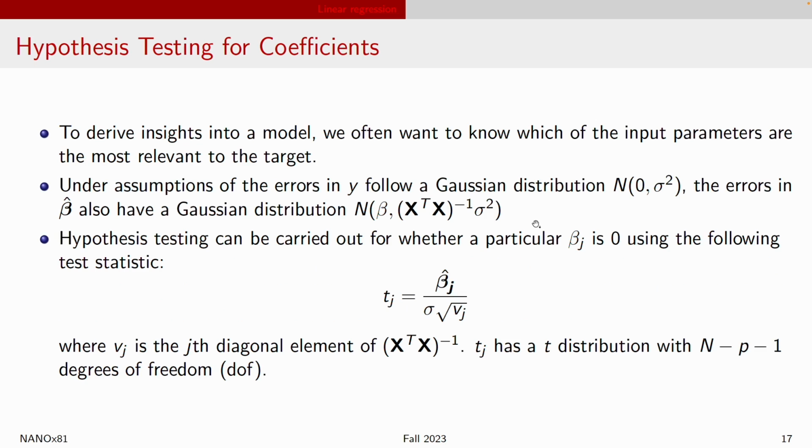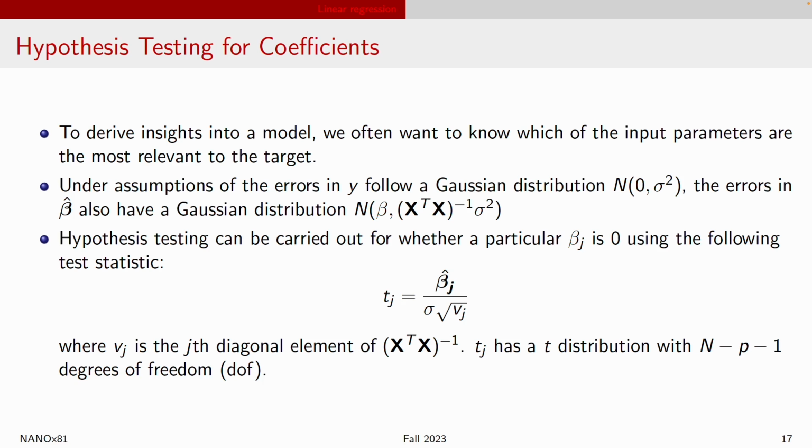Now, very often, after you have fitted your linear regression model, you want to know which of the coefficients actually indicate that that particular variable matters, right? For instance, is it the melting point that is the most important for predicting my bulk modulus, or is it the boiling point, or is it some other variable?